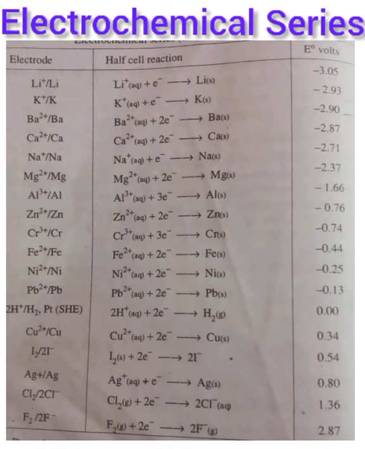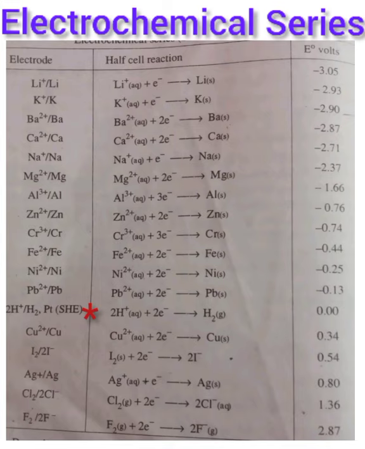You can see the values of different elements in this table. Potassium, barium, calcium, sodium, magnesium, aluminium, zinc, chromium, iron, nickel, lead, then hydrogen. The value of standard hydrogen electrode is 0. Down the series, standard reduction potentials of metals increase.